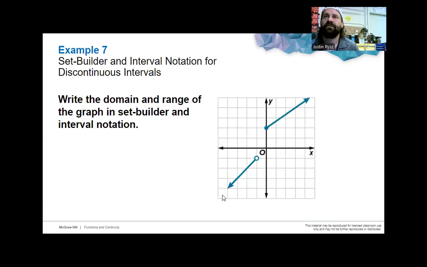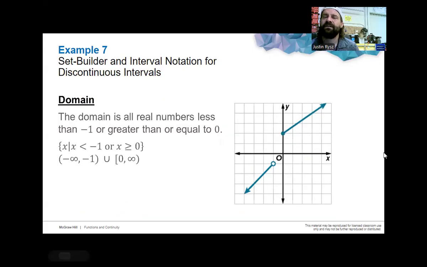All right, try this one here. We have a neither function here. Well, how would we write this in domain and range? So the domain would be from negative infinity to negative 1. So everything less than negative 1. Notice that here, soft bracket, and then greater than or equal to 0.